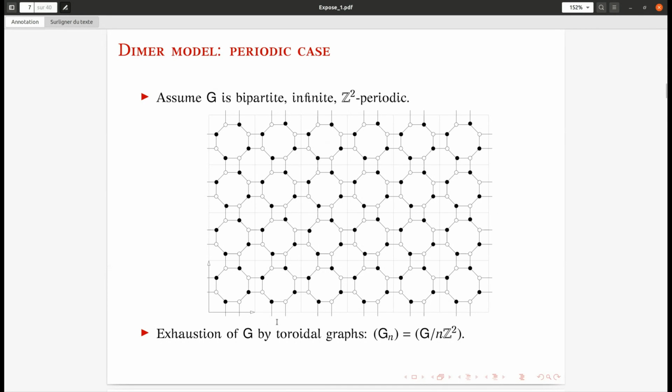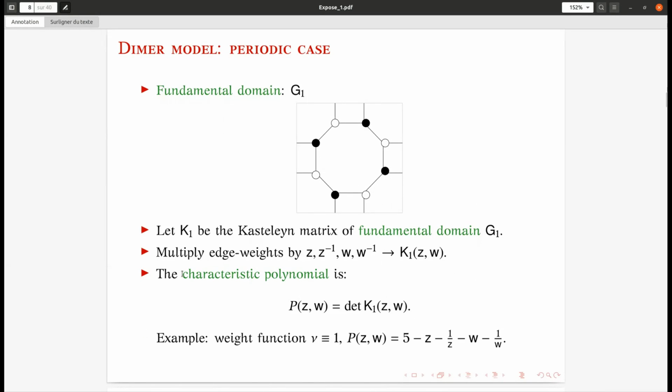You take n times n copies of your fundamental domain and you glue them on the torus. Okay, so this is what we'll be considering. So in the case of periodic lattices, as we will see, all the information is encoded in the fundamental domain, which is the smallest structure of your lattice. It's G_1, okay? It's G quotiented by Z^2.